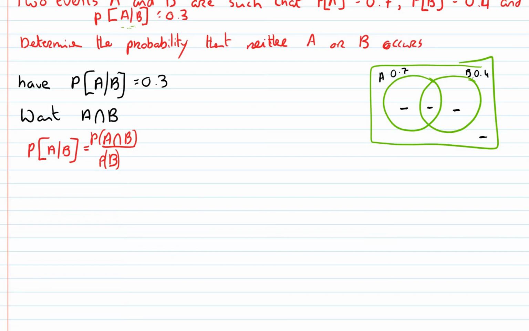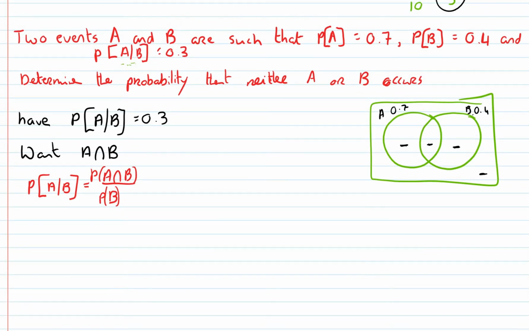So let's fill them in. Probability of A given B is 0.3. Probability of B is 0.4. Probability of A intersection B, I don't know, but we can find it out.